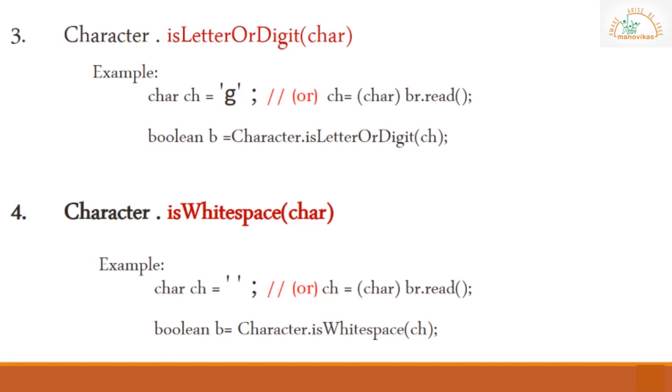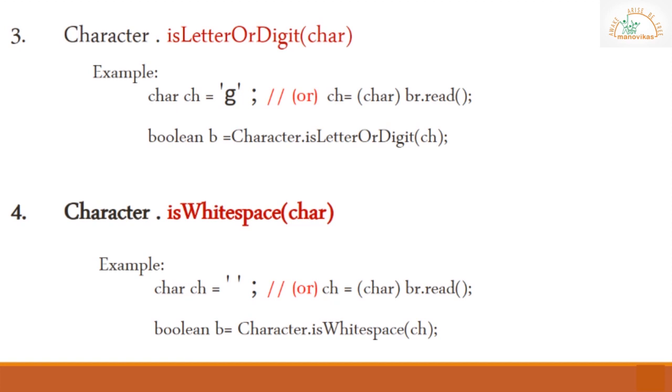What if I assign a space or any other symbol like plus in G's place? What will be my result? My result will be false because space or plus doesn't belong to a letter or even a digit. So in that case, your output will be false. One more thing I would like to point out.